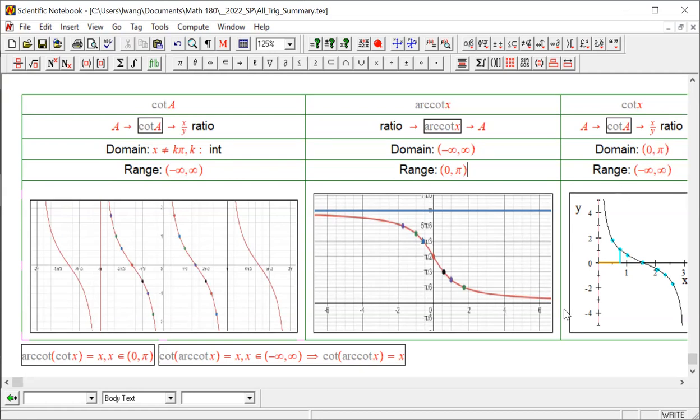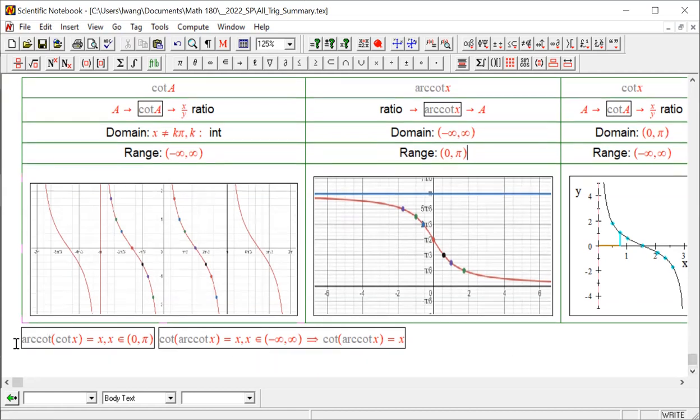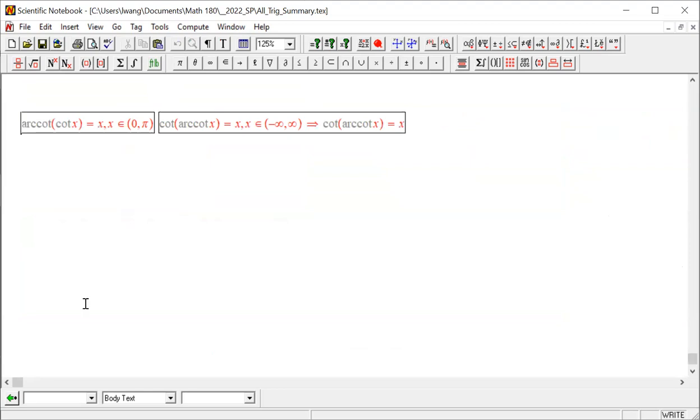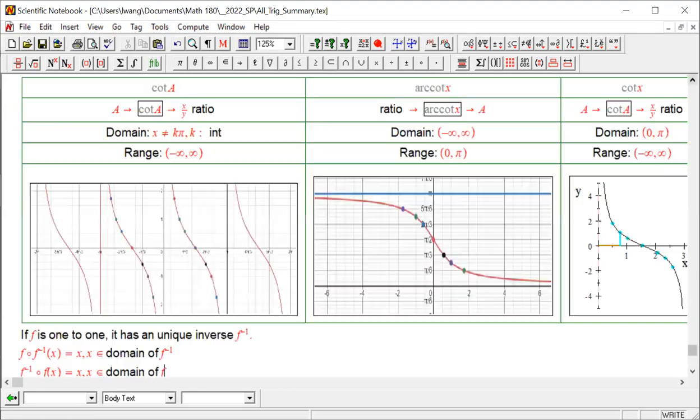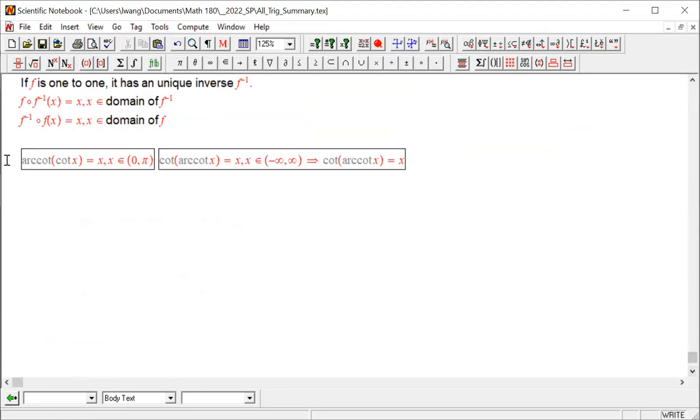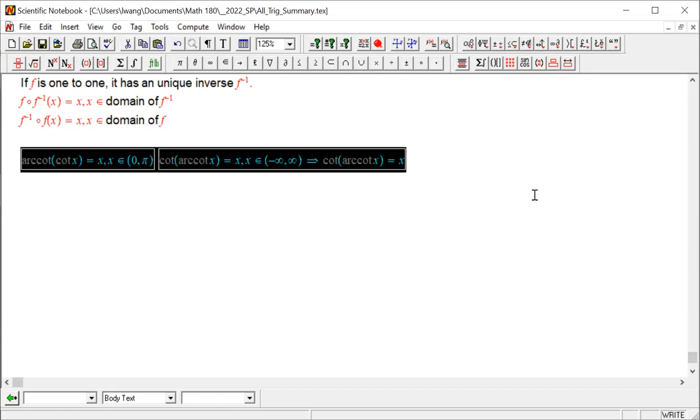It has vertical asymptotes, horizontal asymptotes for arc cotangent, and the limit as the input approaches negative infinity to positive infinity. And once again, we applied this property, and we got two other perks.